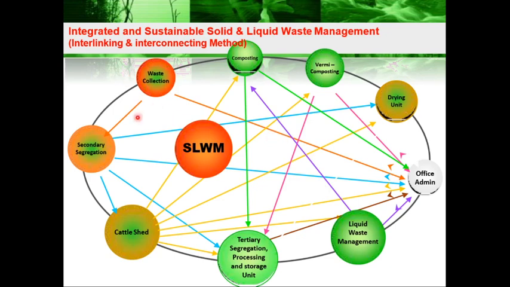See here, the waste collection, secondary segregation, the waste from the cattle shed, then tertiary segregation, processing and storage unit. From the cattle shed, waste collection, composting, vermicomposting, dry units all get segregated in primary, secondary and tertiary. Here there is also liquid waste management. All types together start and are segregated to produce the energy.